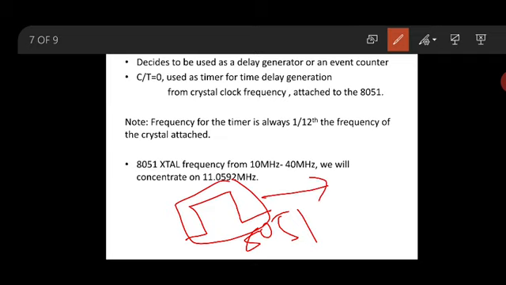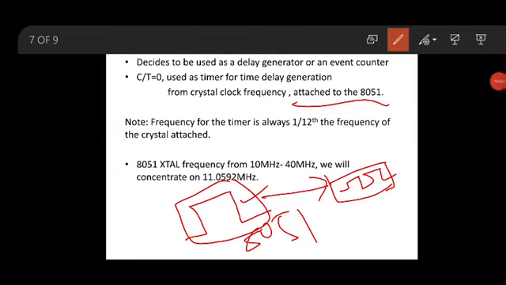If I want to get different clocks from this one, we use what we call a timer, as I stated previously, attached to the 8051. The clock period will be different, but from where do I get it? From the standard 11.0592 MHz, approximately, for your understanding.